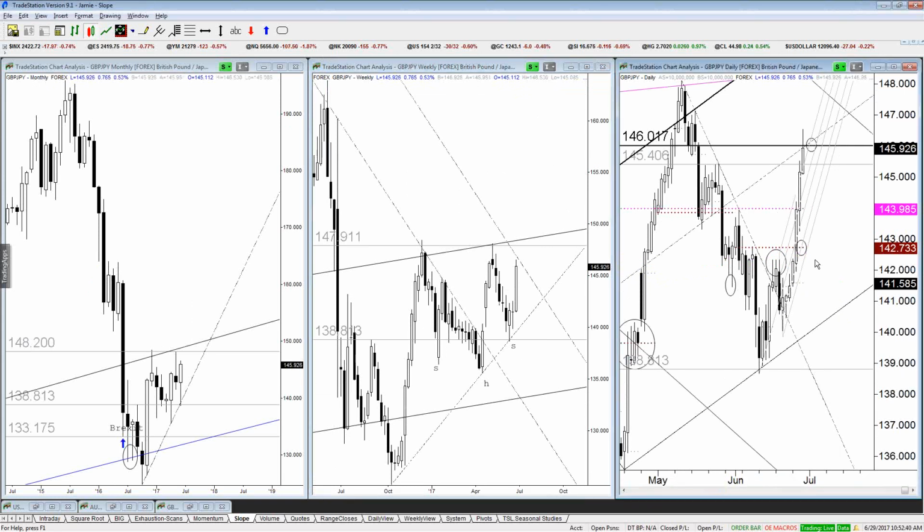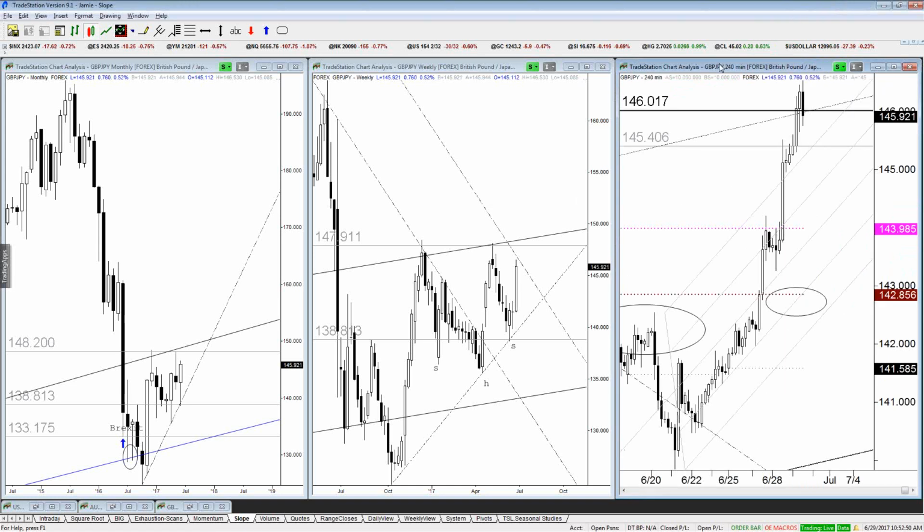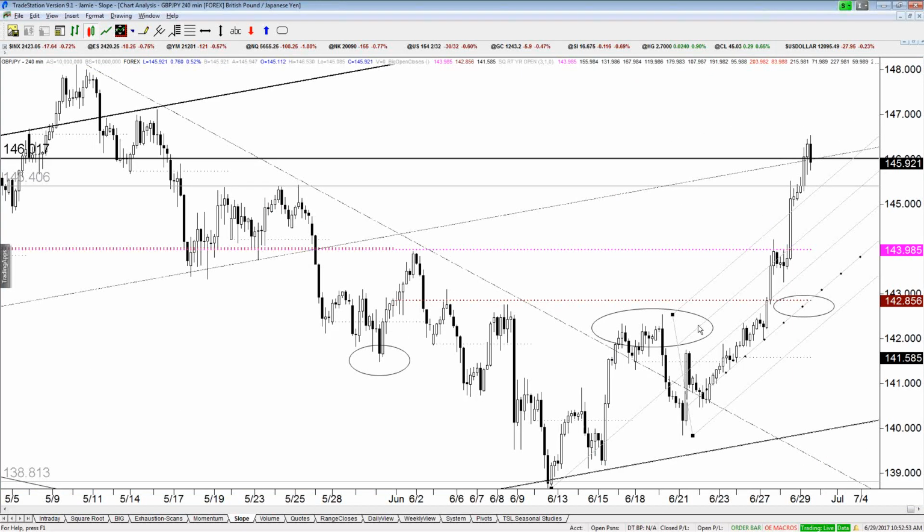Here's pound yen. Interesting. We talked about 146 the other day, and we've actually come into it. In fact, we went to 46.50. So pound yen is going to be a buy somewhere, I would think, within this structure.